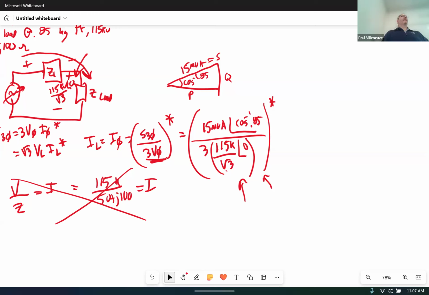Yep. When you said you have to take the conjugate of it, that was the sign of your angle. Yeah, because it's a complex conjugate. You see right here, this is a positive angle. Inverse cosine of 0.85 is positive 31.8. When you take the conjugate, you get a negative angle.